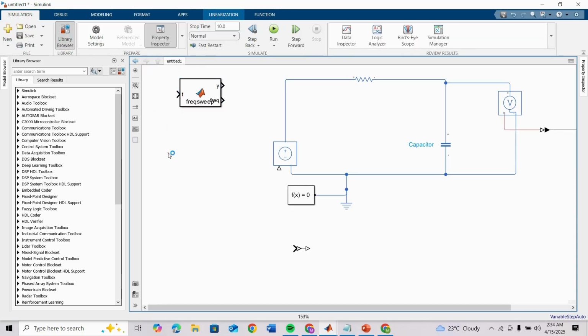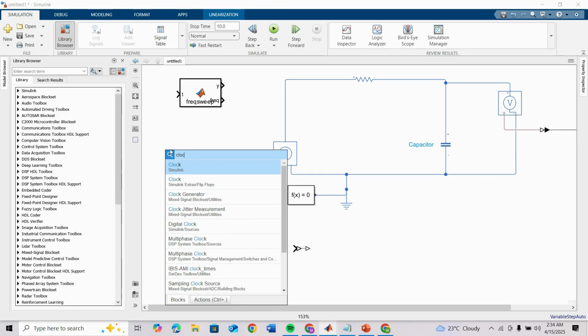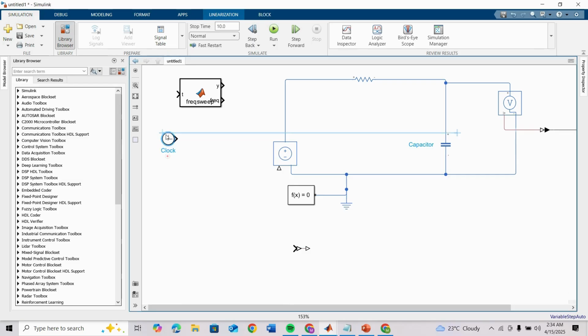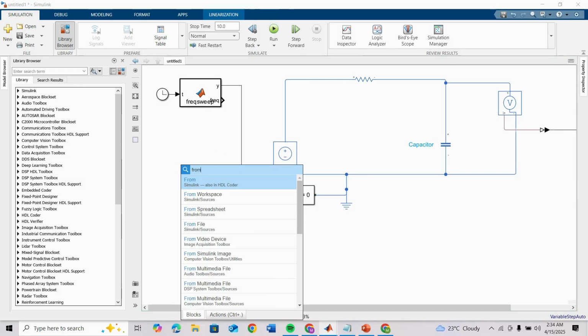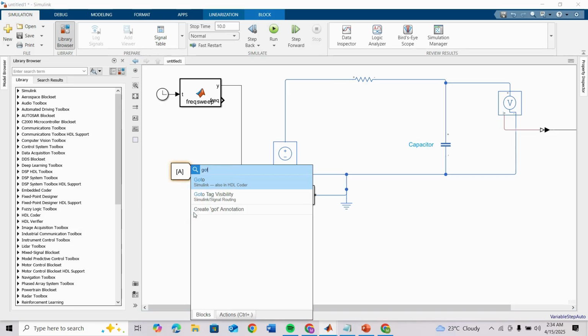The input will be the Simulink clock. And y will be connected through a Simulink PS converter. And let's take a From block and a Goto block.